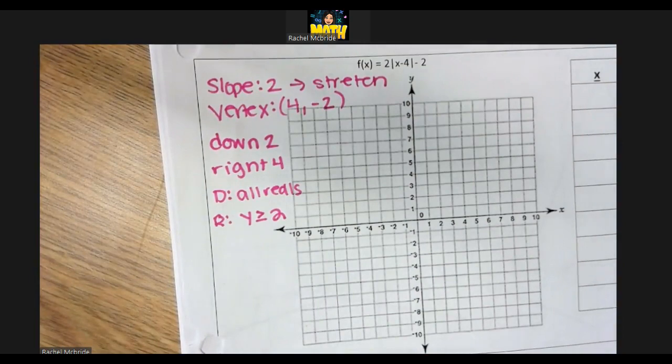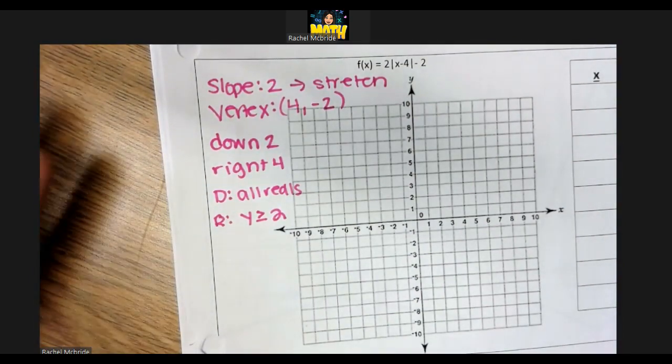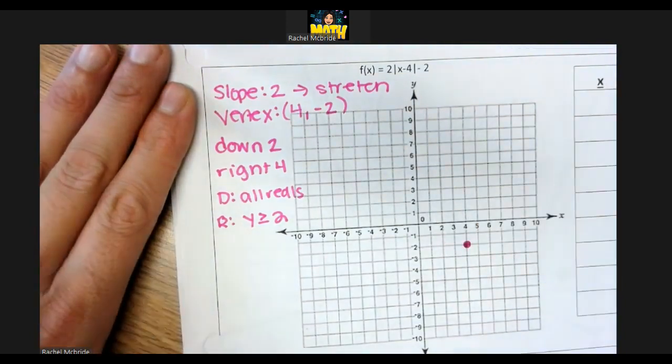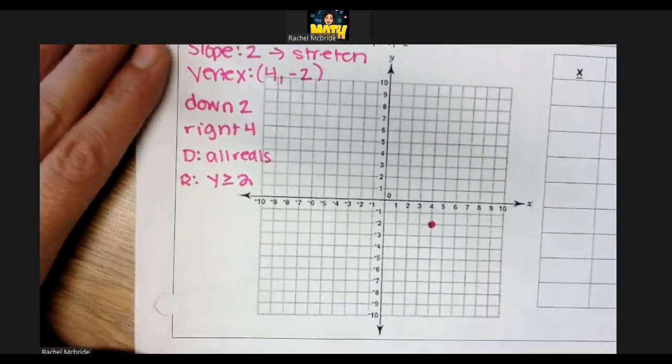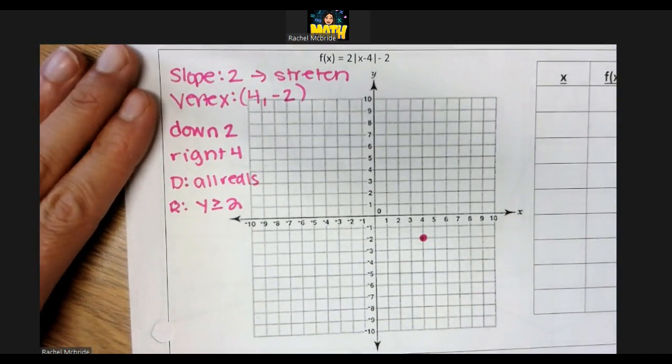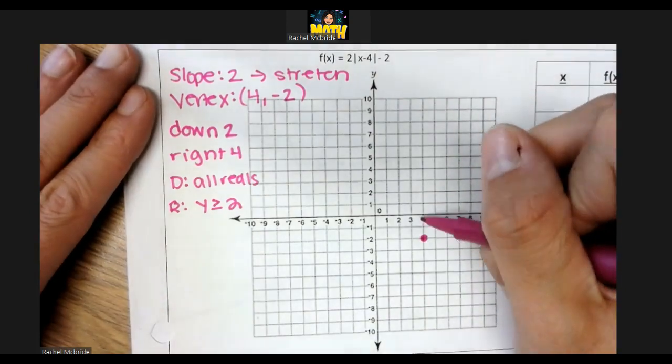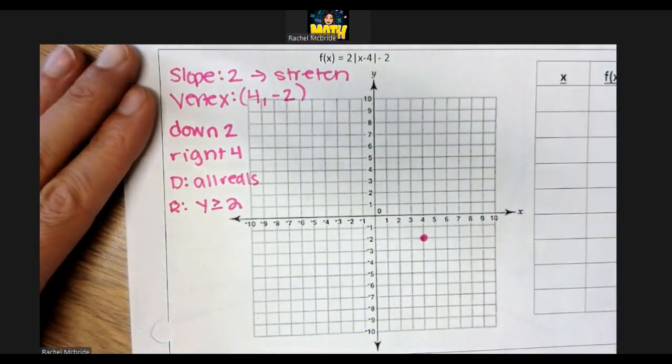All right, let's plot our points. So we're going to plot the point (4, −2). My slope is 2. Calvin, if my slope is positive 2, what is one other point I'm going to graph?